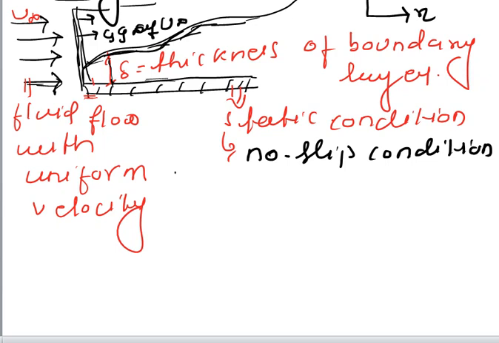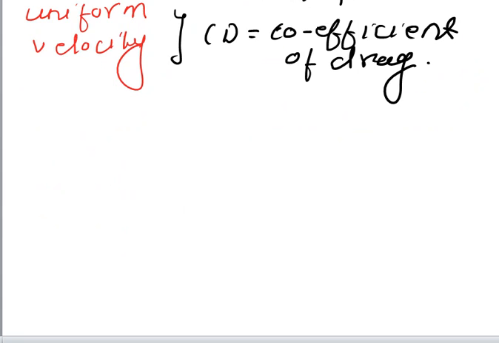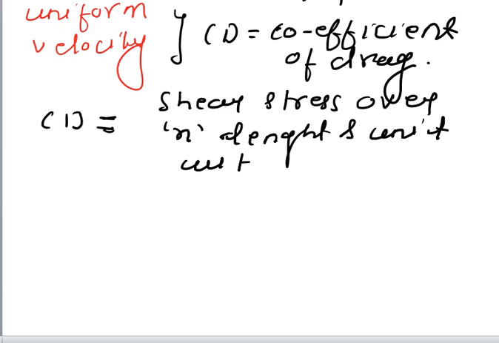So there is a term called CD, the coefficient of drag, and it is defined as the shear stress over x length and unit width of the surface.